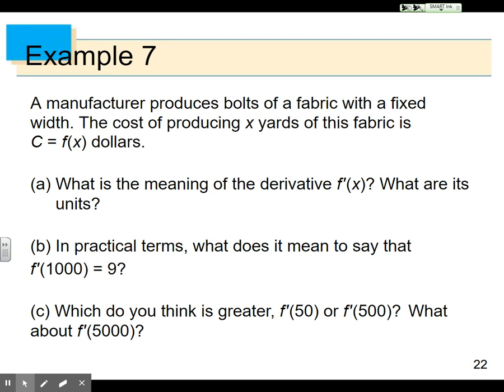Okay? So the meaning is, this is just going to be the instantaneous rate of change of my y with respect to x.